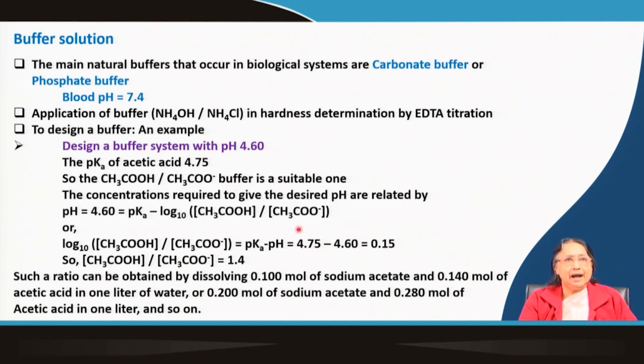Now, if you remember the Henderson equation, this is the term that we have to decide. pKa minus pH is 4.75 minus 4.60, because we want a pH of 4.60. So, 4.75, the pK value, minus 4.60 is equal to 0.15.